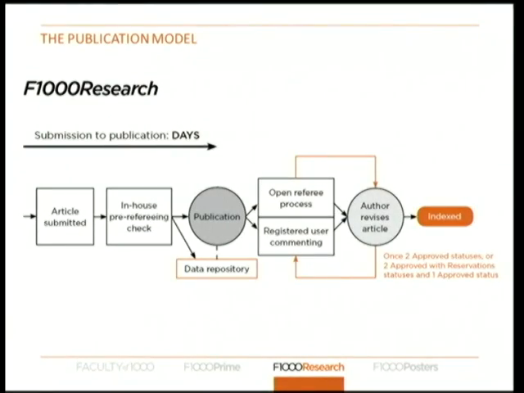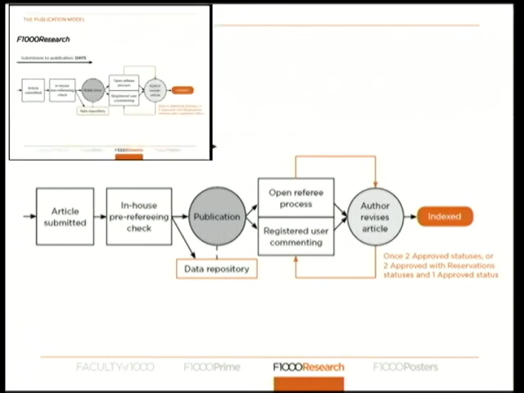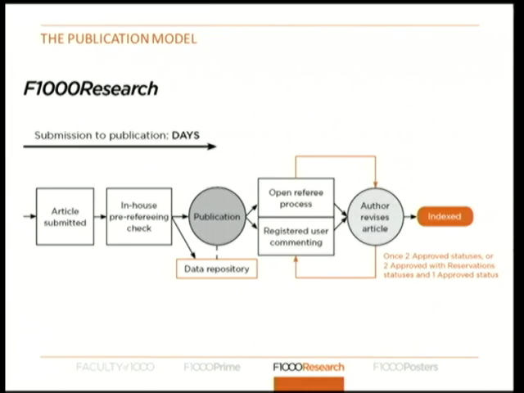We're an open science journal, that is open data, and we do post-publication open peer review. So a typical article flow would be an article submitted, it comes in-house and it has a pre-referee check, so that's for intelligible science, we check for quality, content, things like that. And then it's instantly published, and all the associated data is put into a data repository that it's associated with.